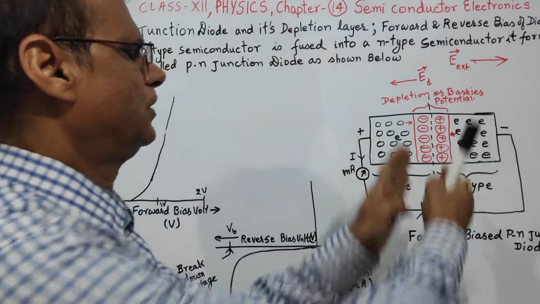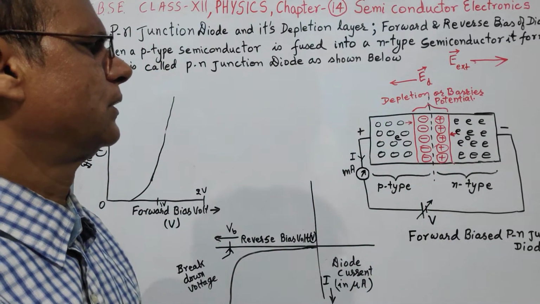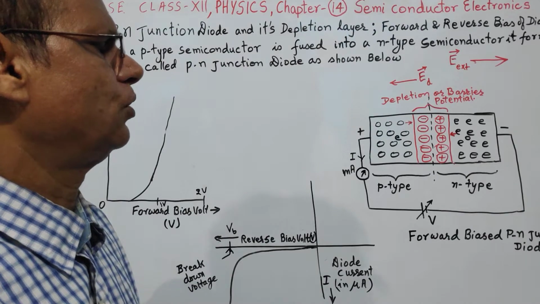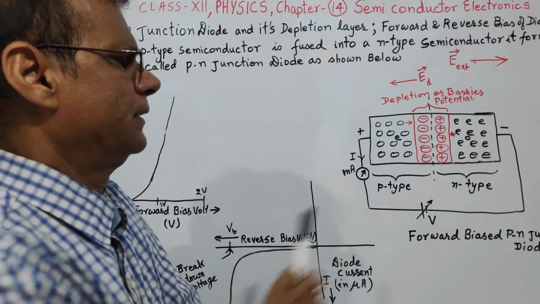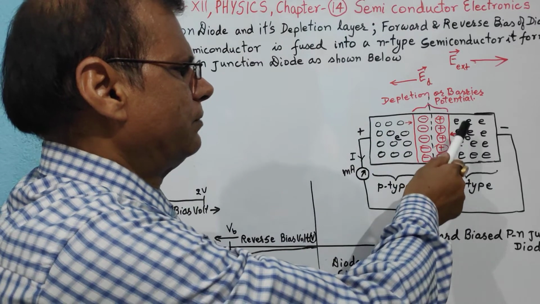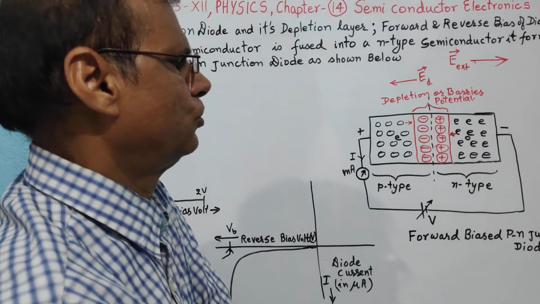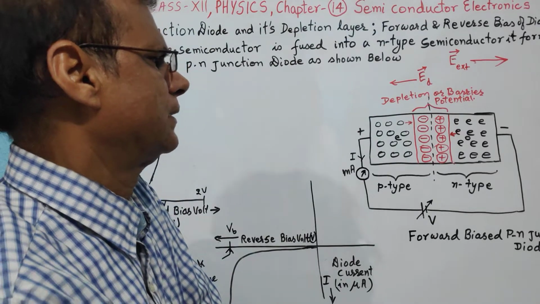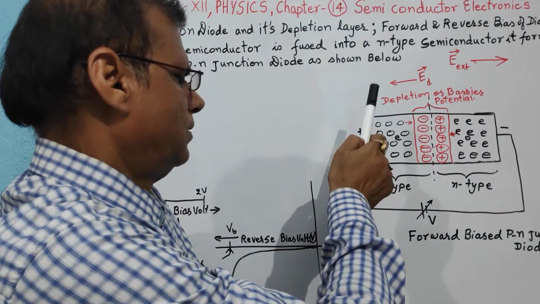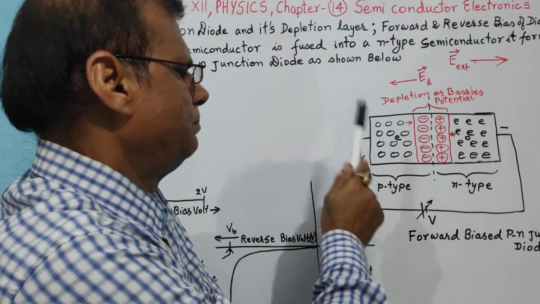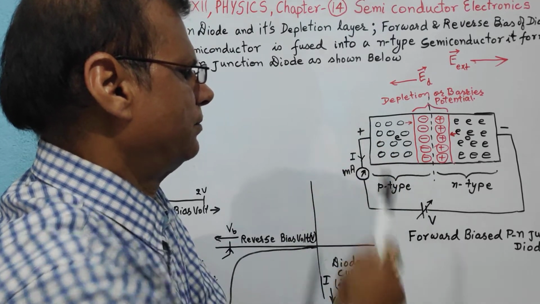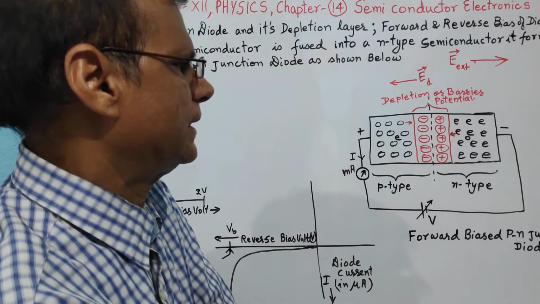Now when we allow these two types to come together, when they are brought close, you see on the n-type semiconductor we have excess of electrons, lone pair electrons present, and in the p-type semiconductor we have excess of hole charge carriers.